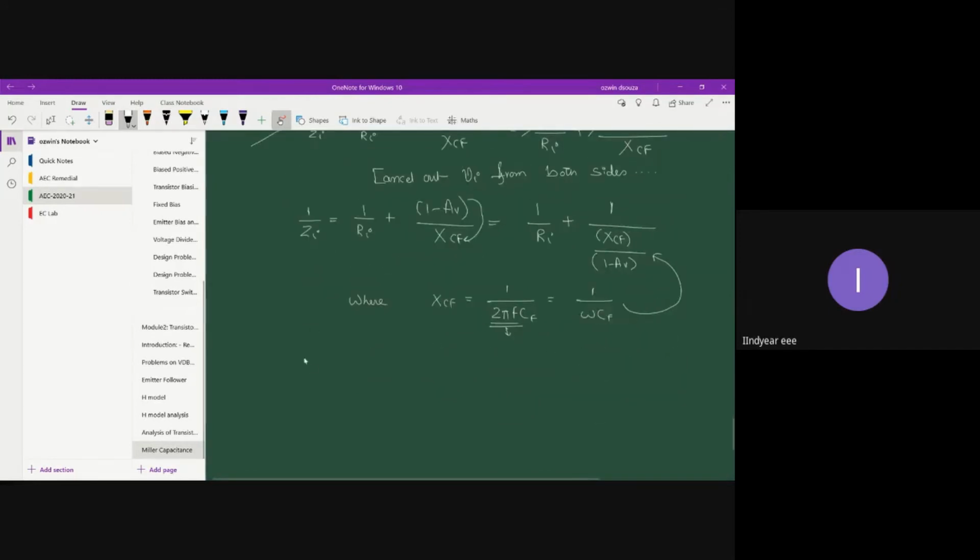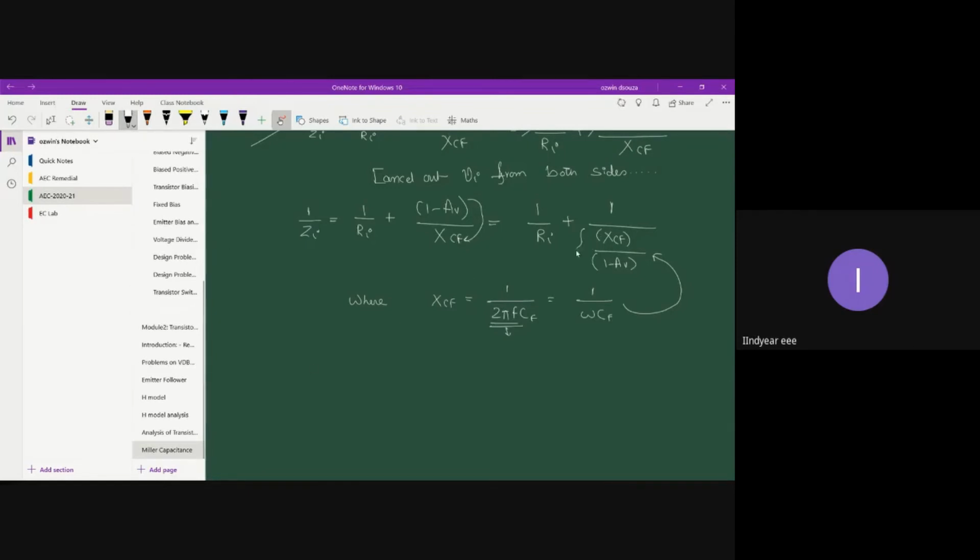So we get 1 by Zi is equal to 1 by Ri plus 1 by, let me show the intermediate step and not skip it.